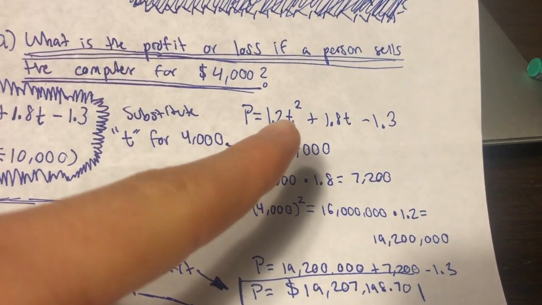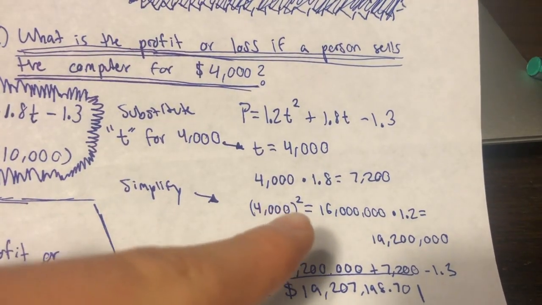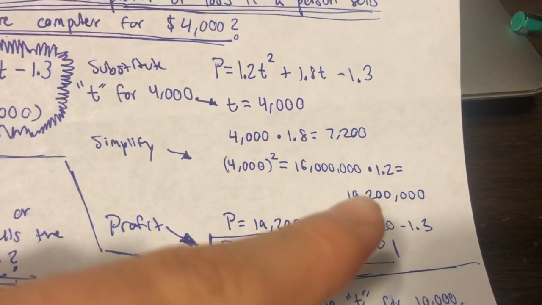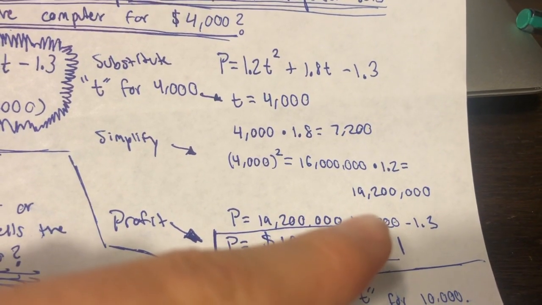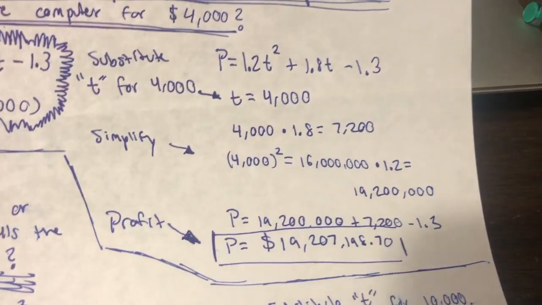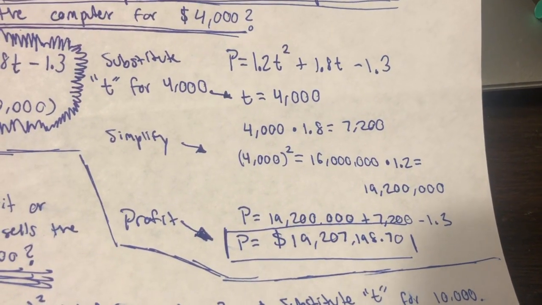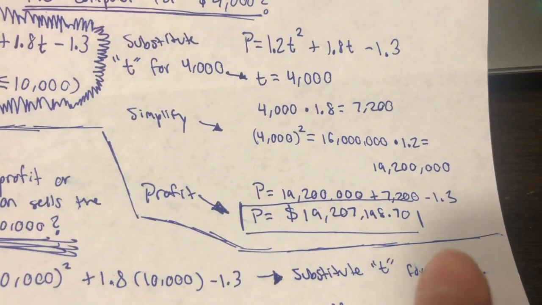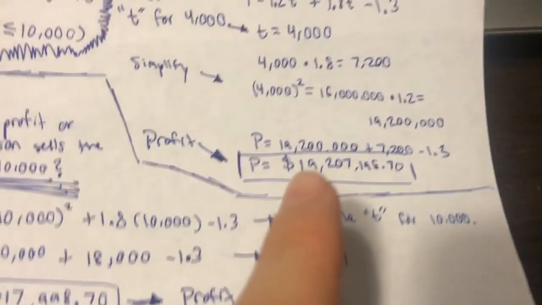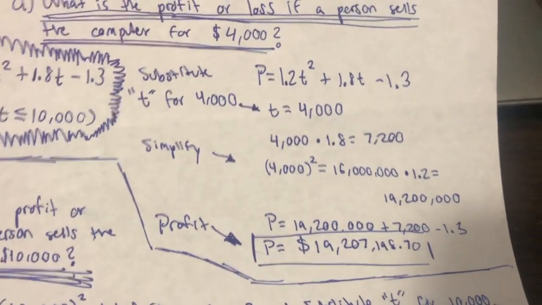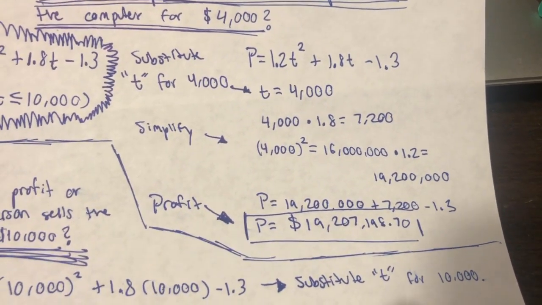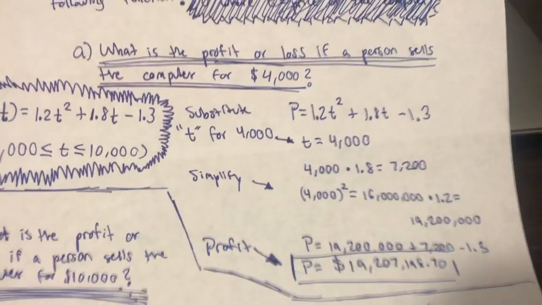And now we insert 4,000 over here. 4,000 squared equals 16 million times 1.2 equals 19,200,000. Okay, so that is what we get. Now we simply add it up and get our result to see our profit, which is $19,207,198.70. Okay, so that is the first one.